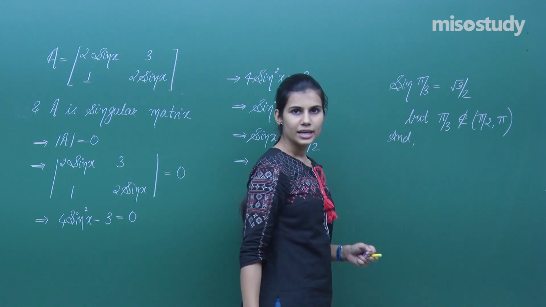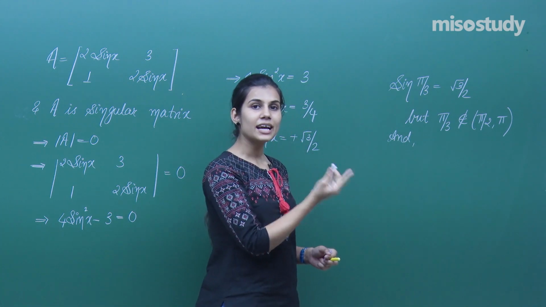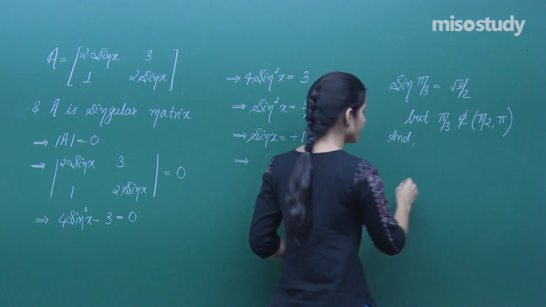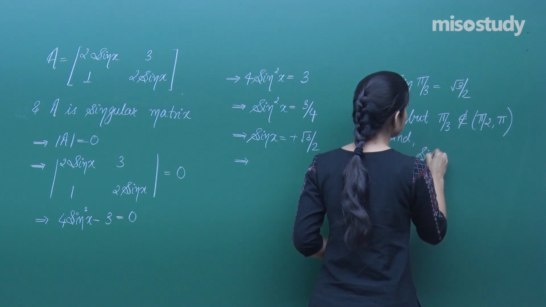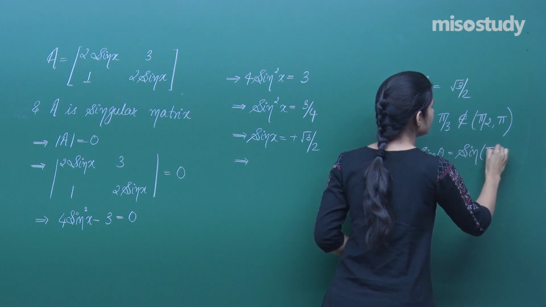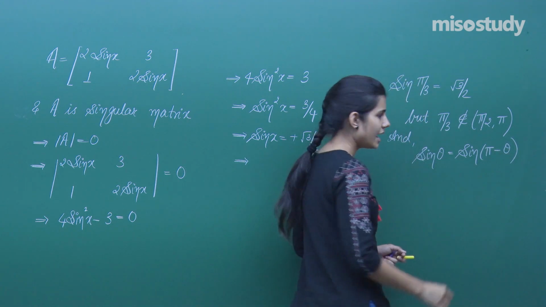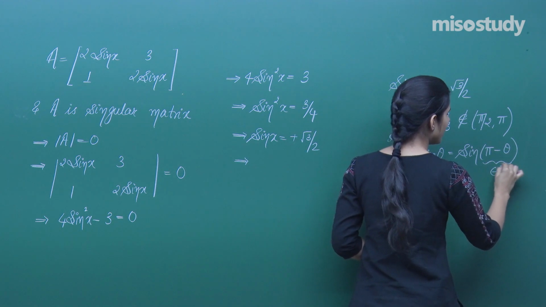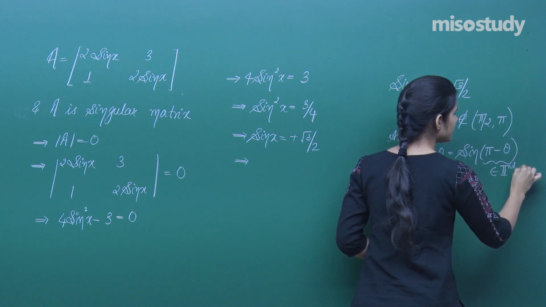We all know that sine theta is the same as sine of pi minus theta, and pi minus theta lies in the second quadrant.